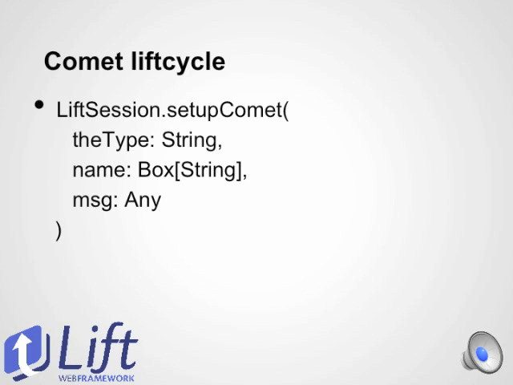The type is the name of the class that you want to use. Whenever you see help information about comet, we call it type when we really mean the class name of the comet actor. Then the name, as I said before, is a Box of String, and then the message is of type Any, because you can send any message you want. Most of the time I will encourage you to send case classes or case objects to your comet actors, but you can send them anything you want.